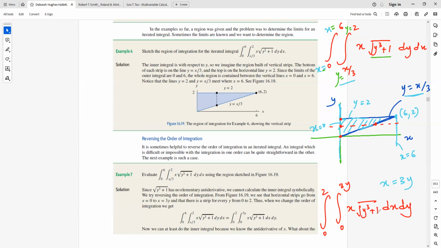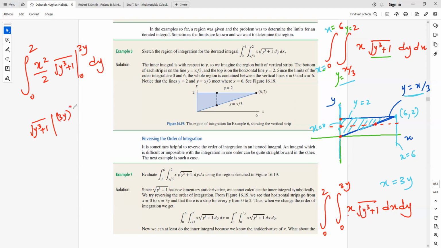And we can now simply integrate this because the integral of x is going to be x squared over 2. The square root of y cubed plus 1 remains, and the limits are from 0 to 3y dy, and it's from 0 to 2. Now if I solve this integral, the square root of y cubed plus 1 remains here, and the limits will be applied.